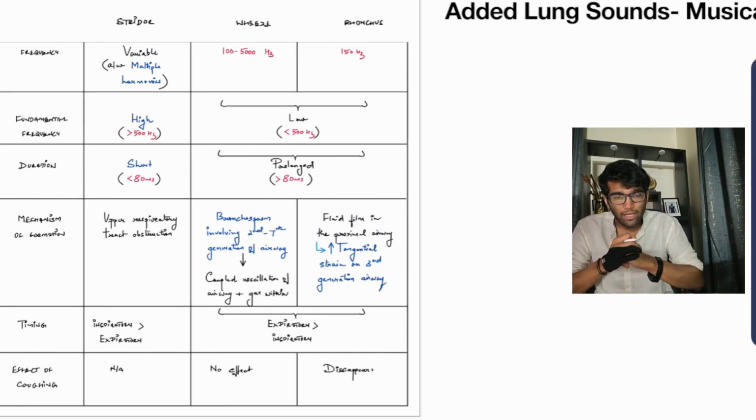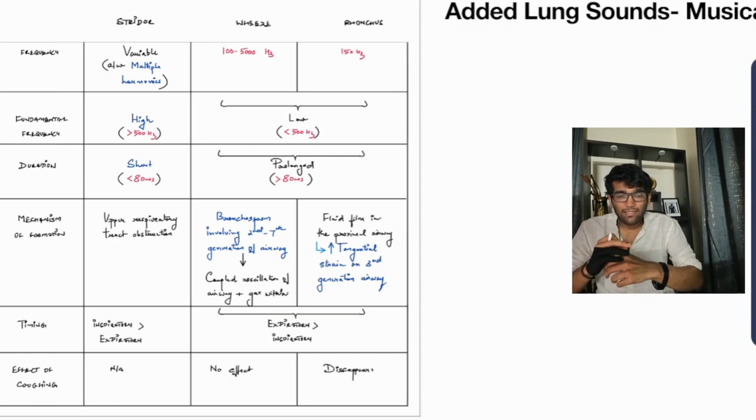So let's just compare the three musical sounds. So stridor happens because of a relatively fixed obstruction that is occurring usually at the level of the glottis, that is at the level of the larynx. Now, because the amount of obstruction at the larynx can vary, the frequency of the sound is very varied.